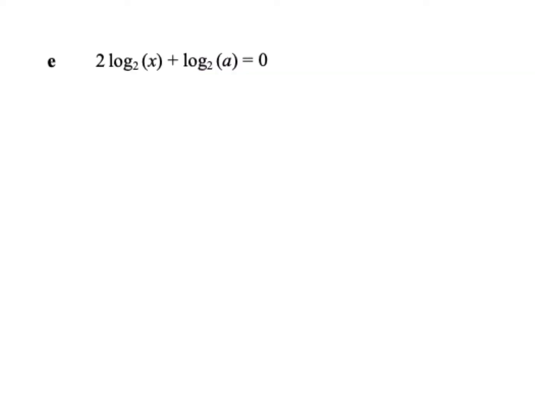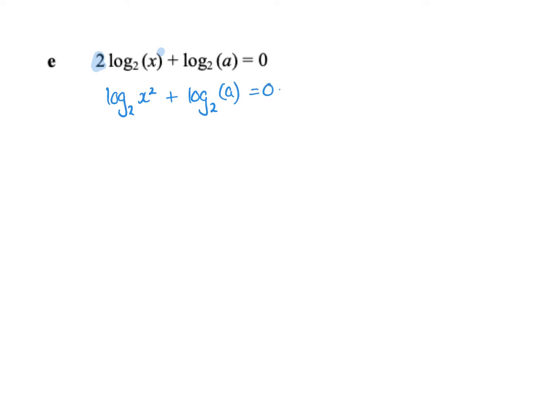All right, so let's have a look at this one. Again, we can change this. I'm using the log rule where I know that this 2 can be moved to the power there. So I can say log 2x squared. I'm just changing that back to that.